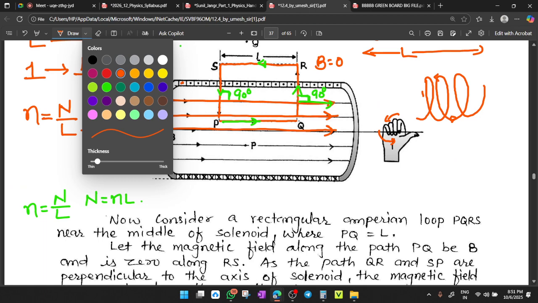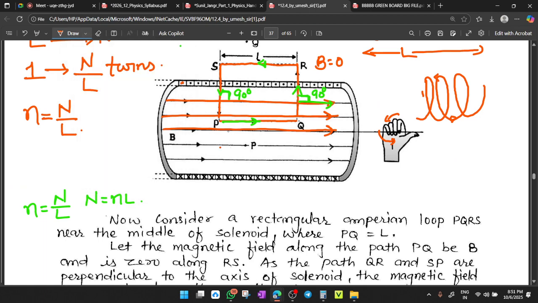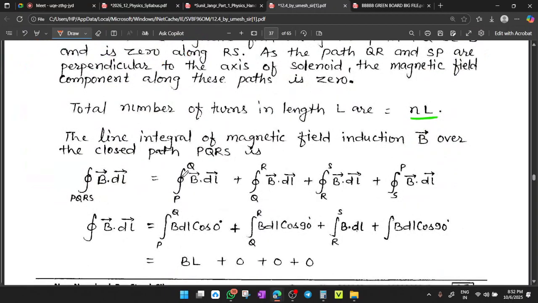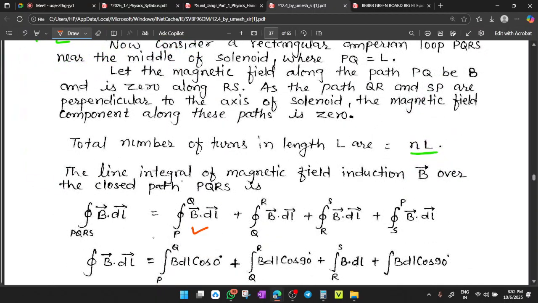So now apply Ampere's circuital law for this loop. First, we start from PQ. So for PQ, B dot dl, P to Q. It is written like this, B dot dl, and we have to apply Ampere's circuital law for the whole loop PQRS: P to Q, Q to R, R to S, and S to P, right?